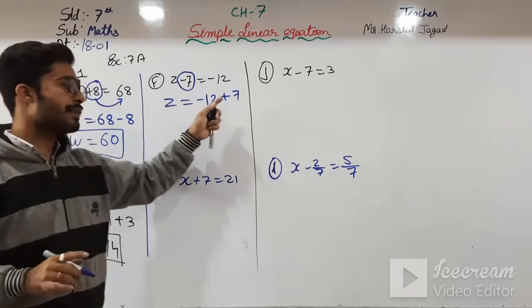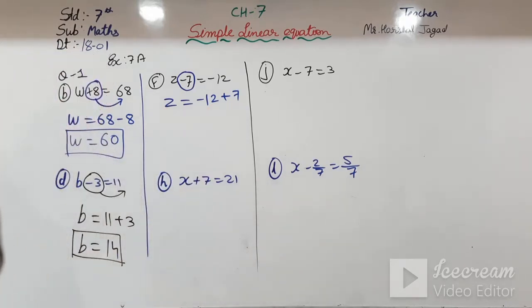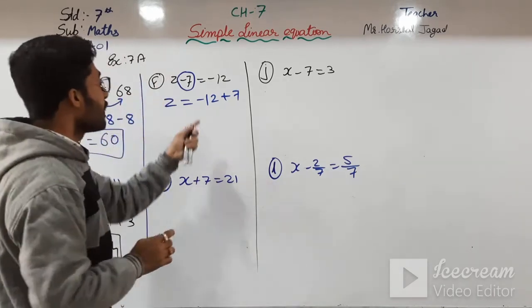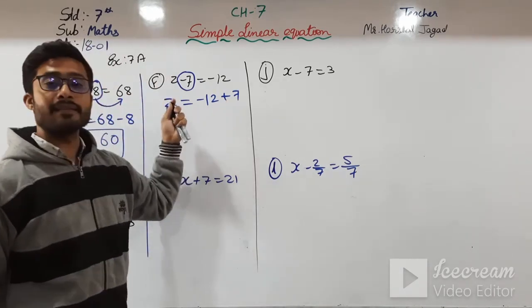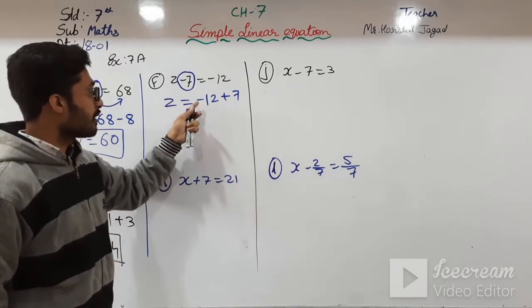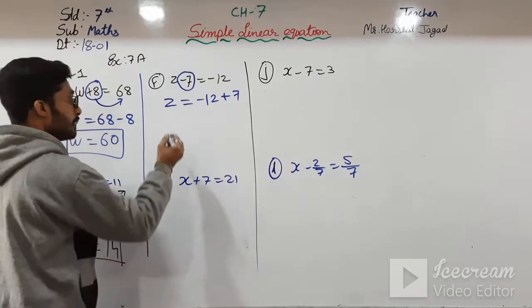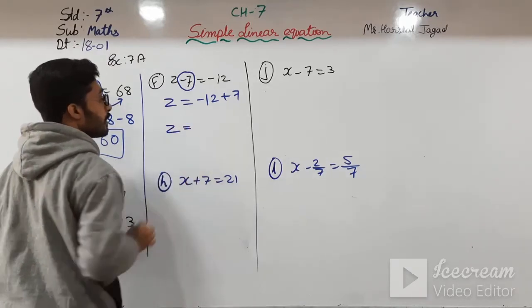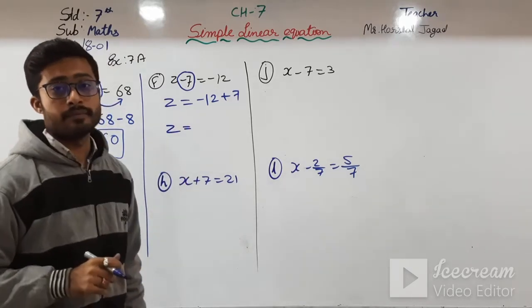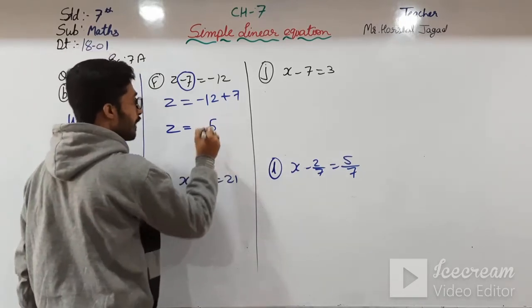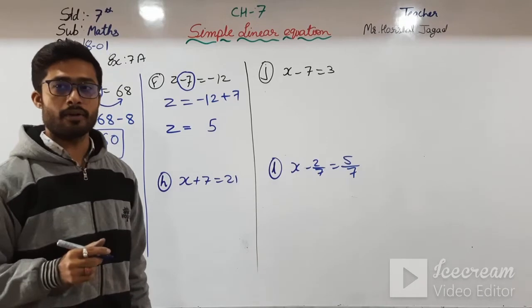So 12 minus 7, sorry students, minus plus, that is minus. So 12 minus 7 will be what? 12 minus 7, 5. Here I have written 5. 5 only, right or wrong students?